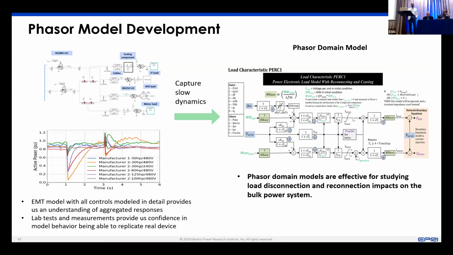Later on, we found that the model could be extended to model a whole bunch of power electronic devices because of the same principle. The front end is trying to create a DC bus, right? So the controllers on the front end generally tend to remain the same. How did we validate whether this model works well? I'll show you a few plots to impress that on you. At EPRI, we do a bunch of lab testing.